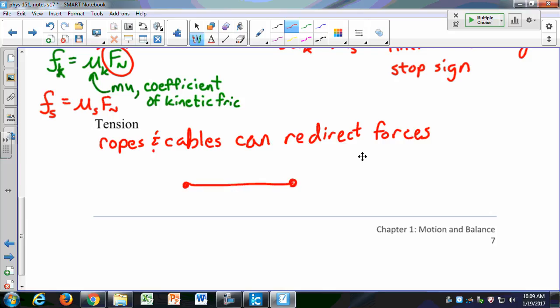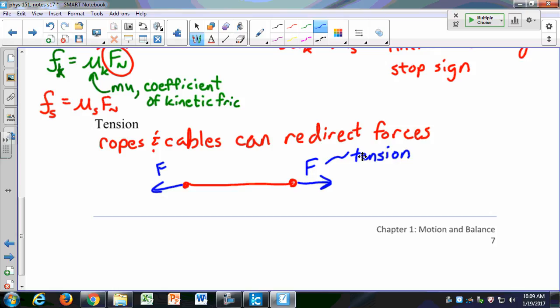I apply one force to this end, and as a result, I get the same force on the other end. This is called a tension force. Whatever force I exert on this end is found on this end, and all throughout the cable or the rope or the muscle or the ligament, I have that same force.